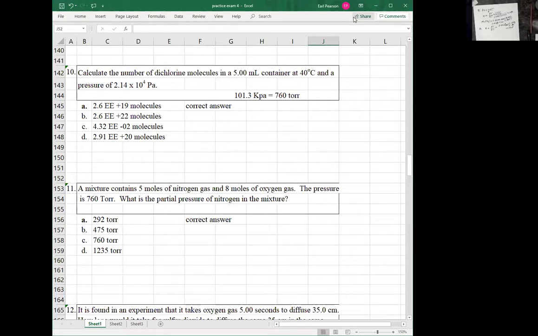2.14 exponent 4. I want to divide that by 101.3 exponent 3. Now that gets me into atmospheres.